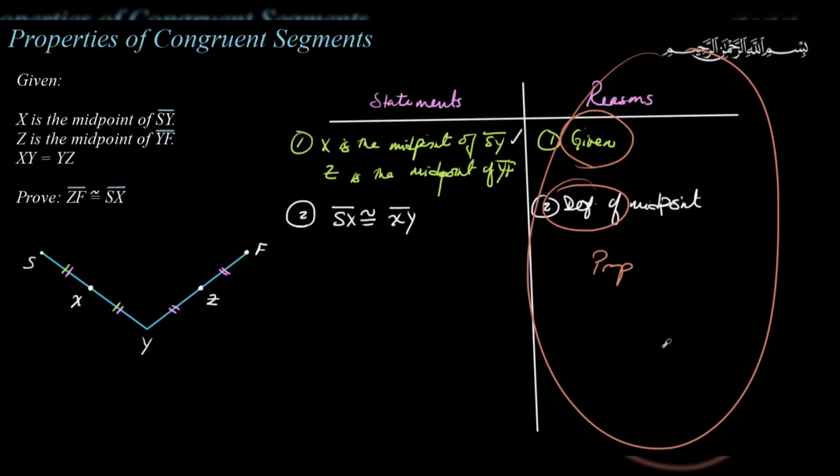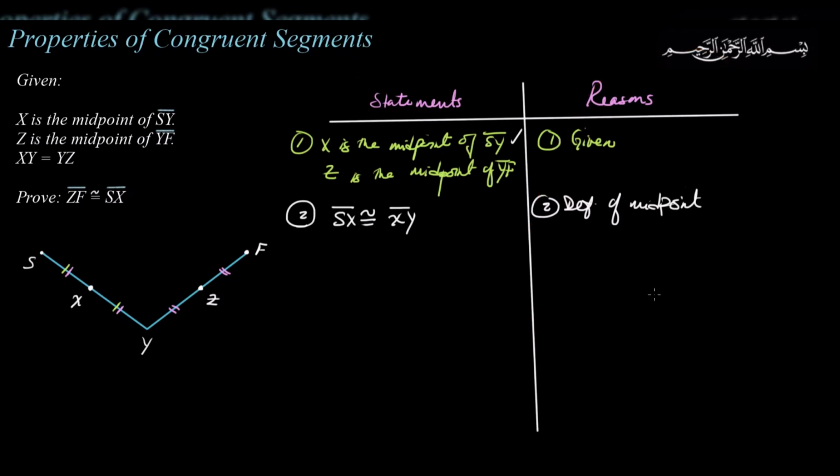Now, what I want to bring to your attention here is we used the definition of midpoint for this, and therefore it's important to know the definition precisely. The point being that I used the definition of midpoint to write that segment SX is congruent to XY. I did not use the definition of midpoint to write that SX equals XY, because that's not what the definition of midpoint says.